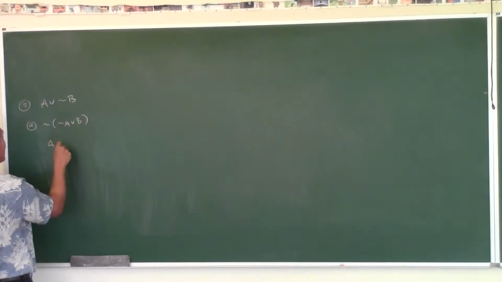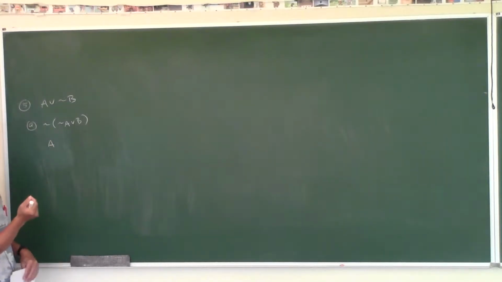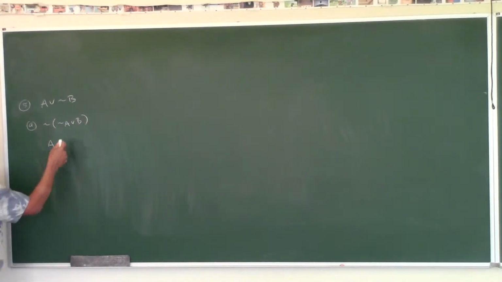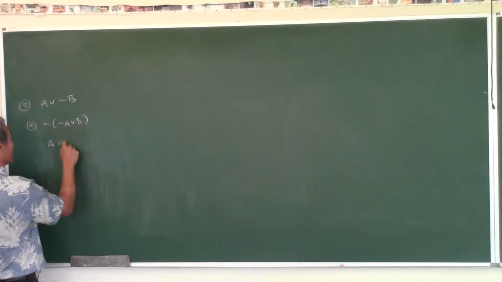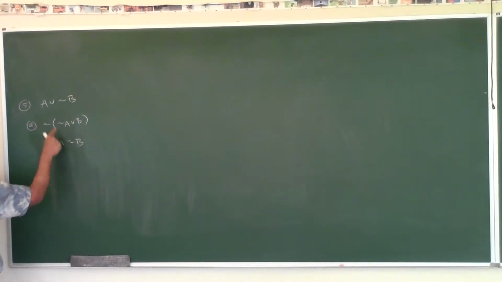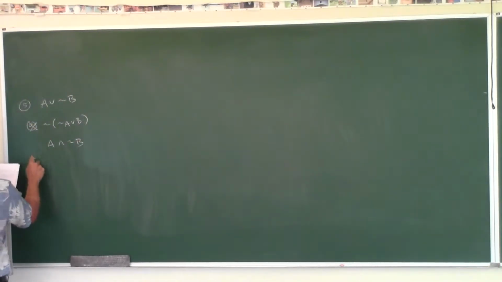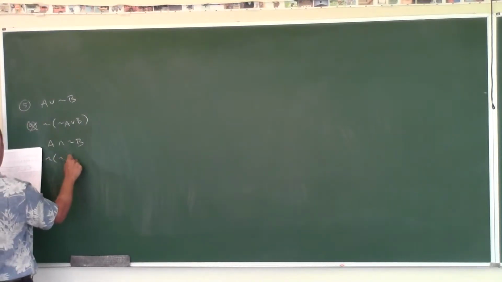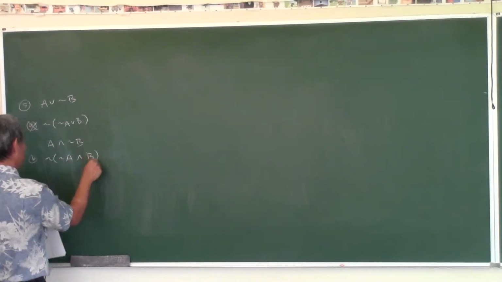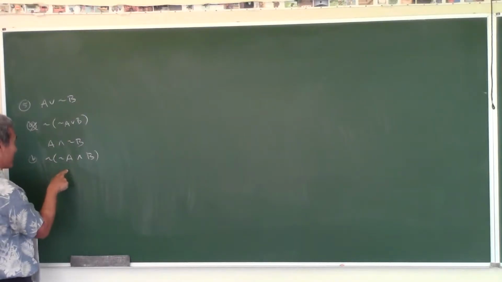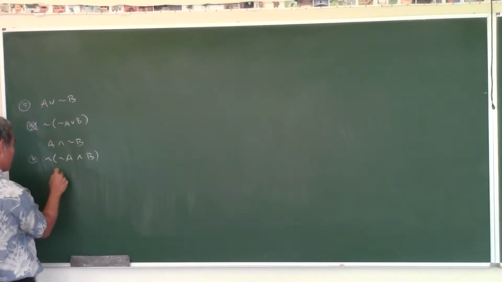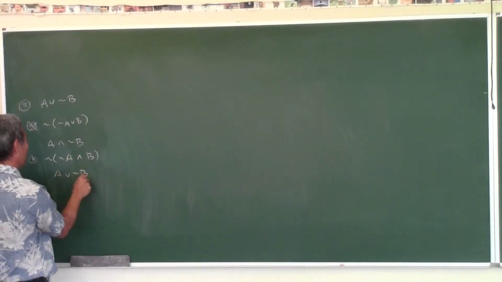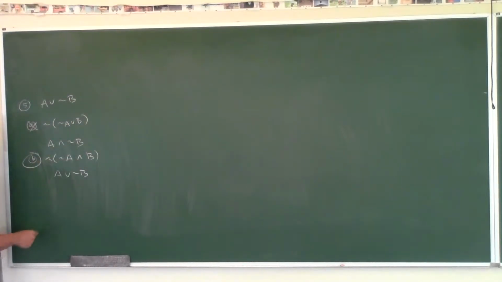You can think of it like a negative sign, but this 'or' changes to 'and'. Is that the same thing as that? No. Okay, B, not A and B. Again, I can distribute the negation sign, but I have to change the 'and' to 'or'. So this becomes A or not B. That's the same thing. So B is one of the correct answers there.